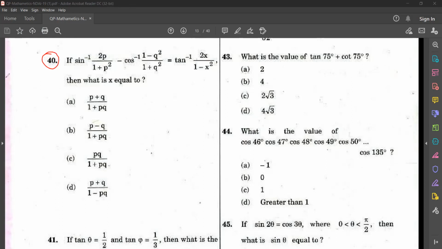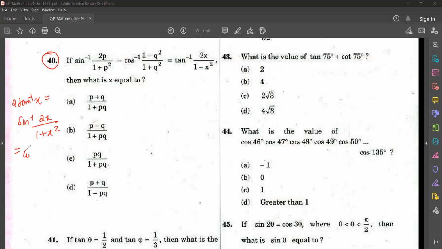Okay. So which formula will you use here? How can you write sine inverse 2p by 1 plus p square? Do you remember the formula? 2 tan inverse x is equal to sine inverse 2x by 1 plus x square.